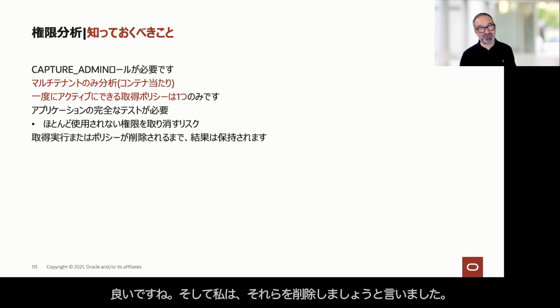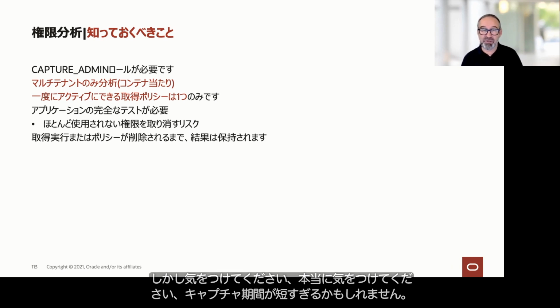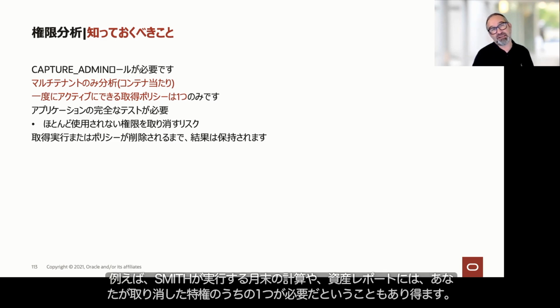And it sounds great. And I told you, let's remove them. Be careful. Be really careful, because it may be that your capture period was too short. It could be that, let's say, the end of the month calculations, the asset report, run also with the Smith user, and need exactly one of the privileges you revoked.